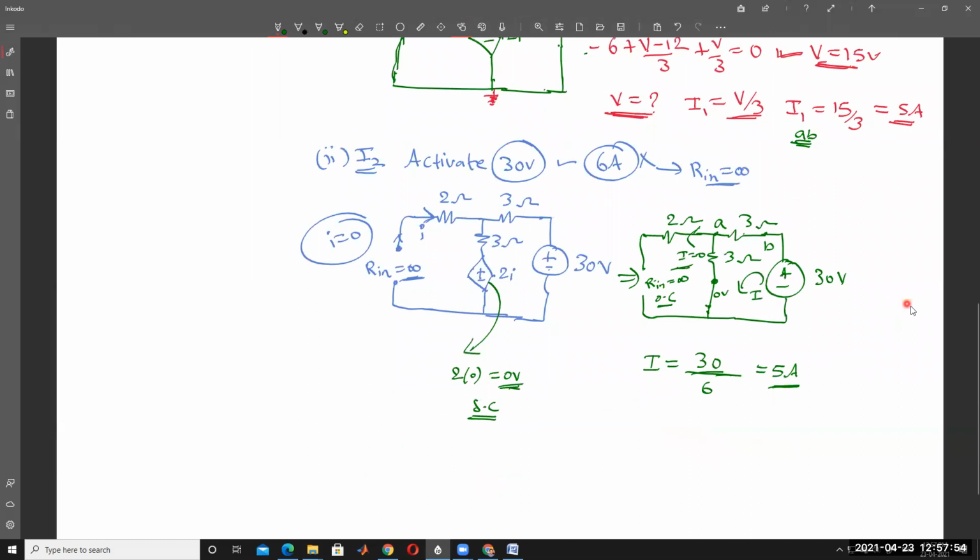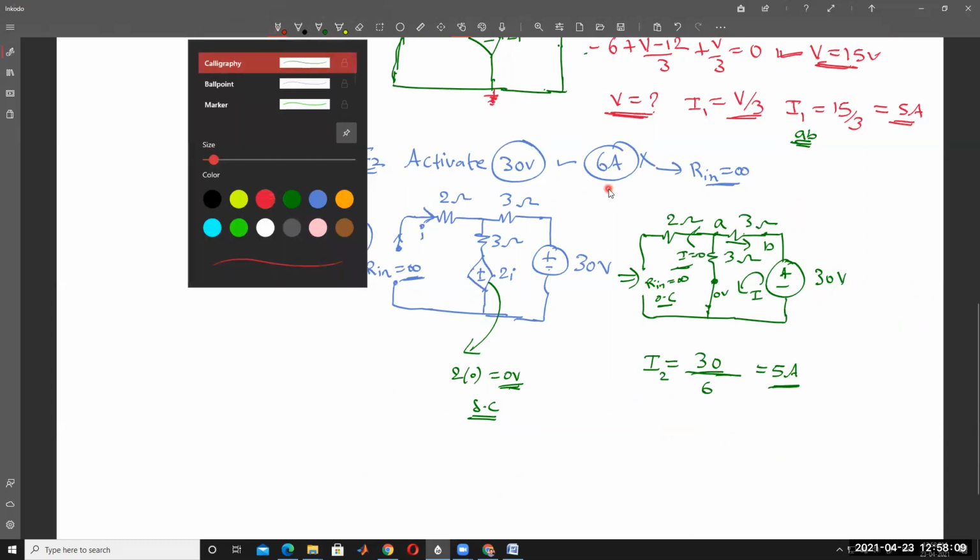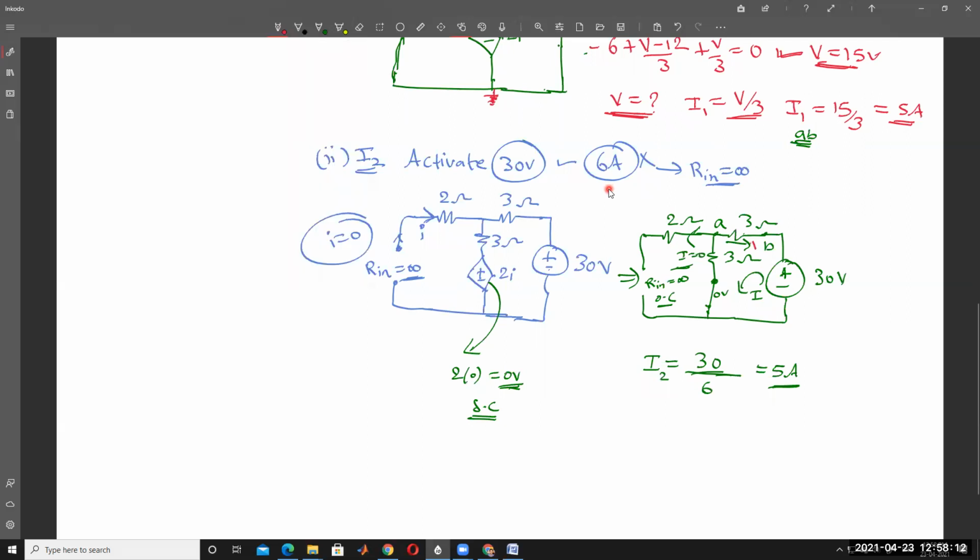Here this is called I2, and the current direction is B to A. Then I2 is equal to minus 5 amps, and here I1 is equal to plus 5 amps.